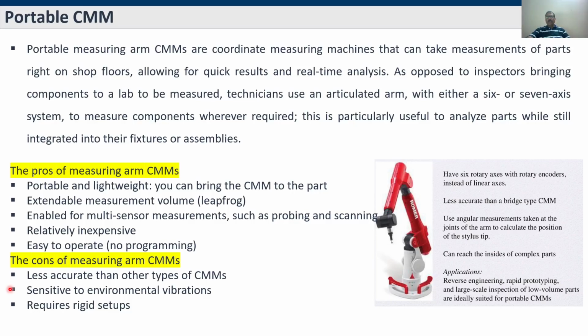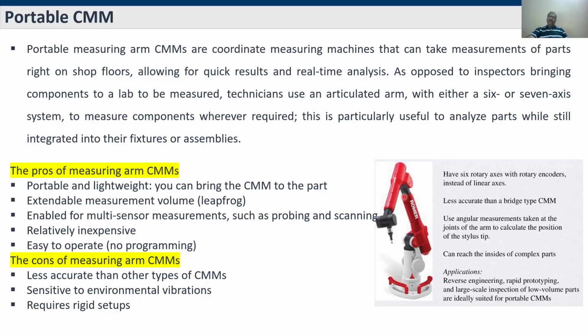Here the operator or inspector needs to bring the component to the lab and place it there. Then he will use a teach pendant or joysticks to move the joints and links of the CMM, so that the probe contacts the object to be tested and gives the data.